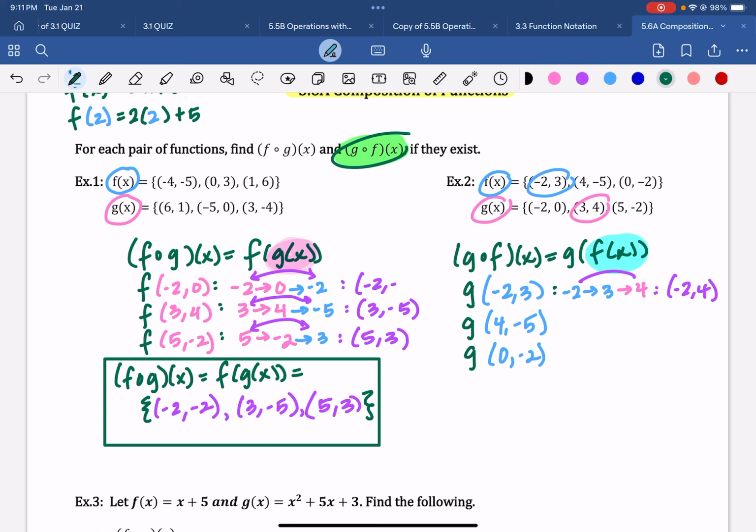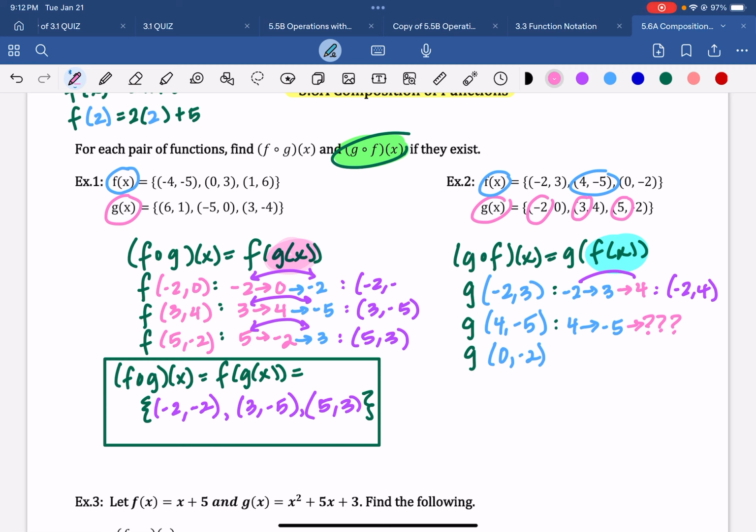On the next one, we have 4, -5. And then I figure out where -5 goes on G, but I'm not seeing a -5 on G. So this one is actually impossible because yes, 4 goes to -5, but then G never takes it anywhere. So where does that go?